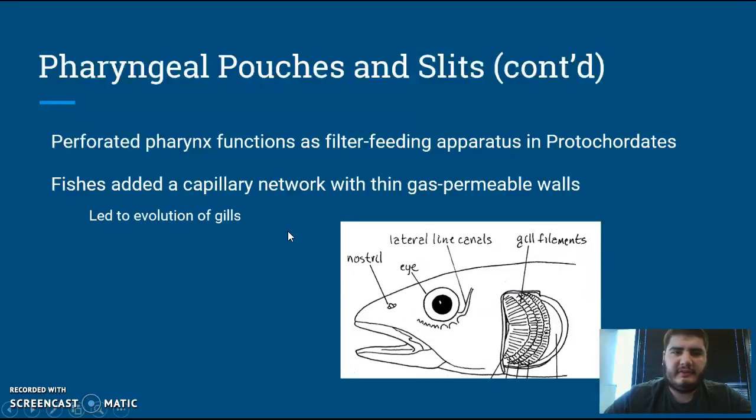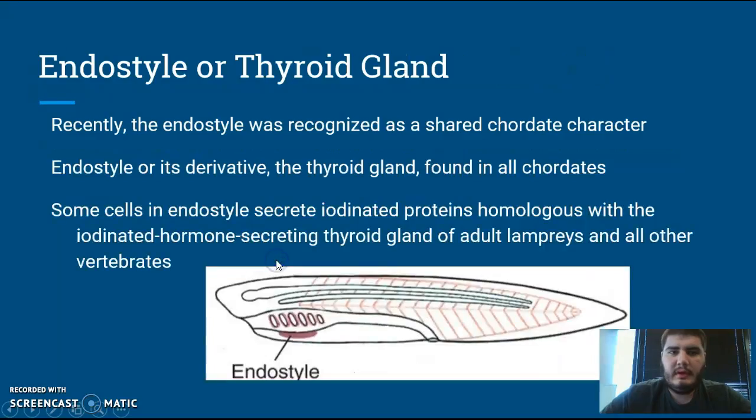Pharyngeal pouches and slits continued. The perforated pharynx functions as a filter feeding apparatus in protochordates. Fishes add a capillary network with thin gas-permeable walls, which leads to the evolution of gills within fishes. Endostyle or thyroid gland.